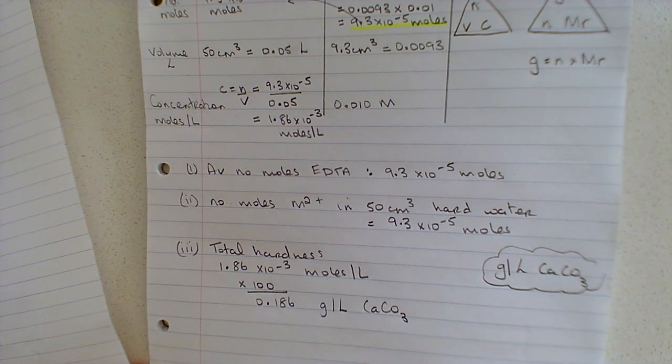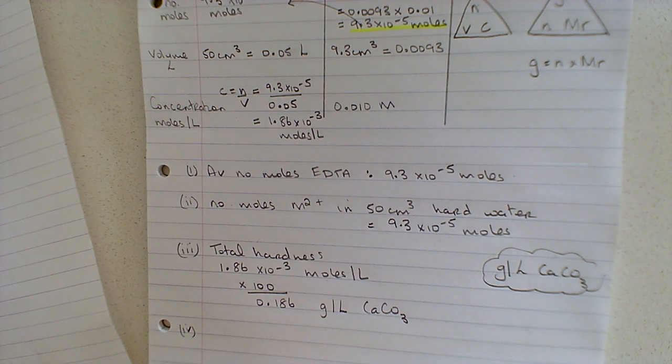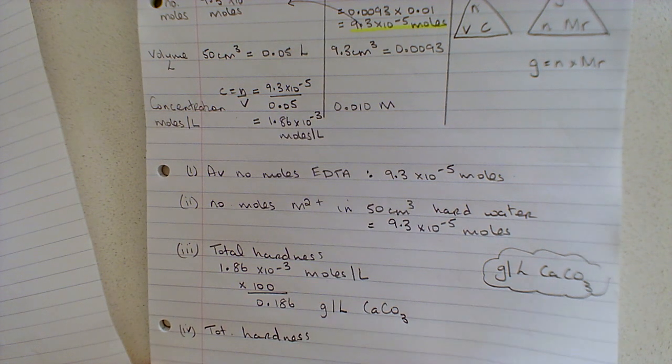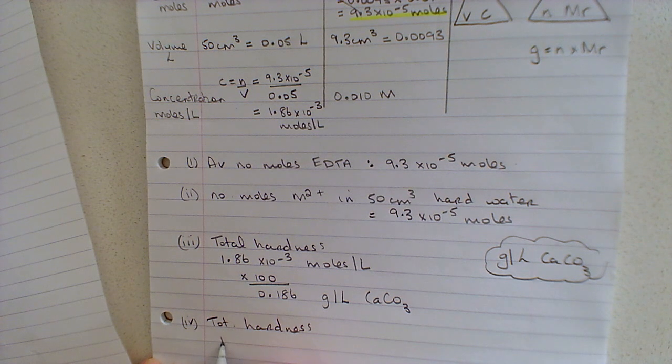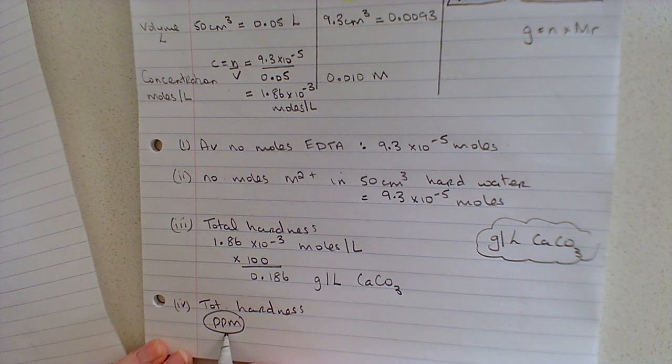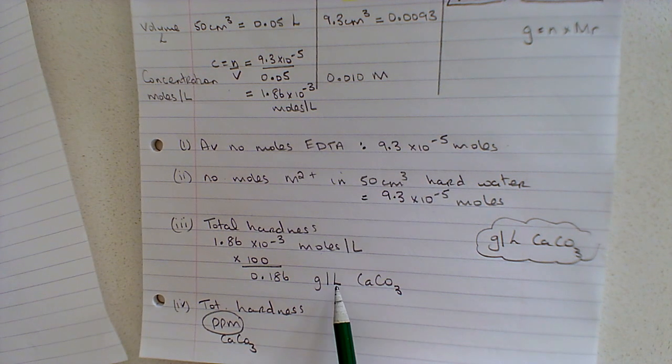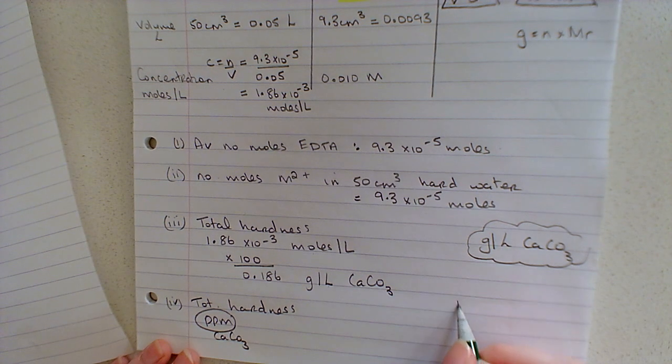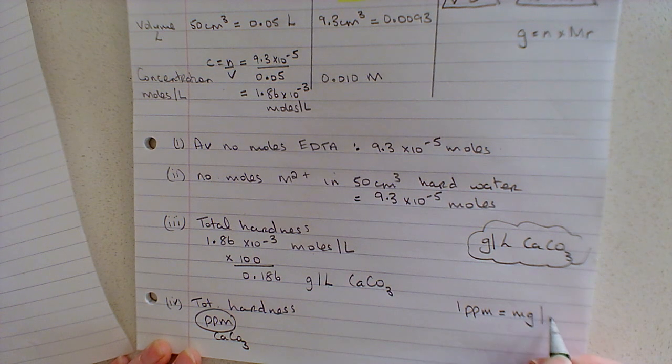Okay. Now the very last part, I'm asked to express the total hardness as ppm. So I want to have my concentration of calcium carbonate expressed as ppm. So what we're doing here is converting grams per litre into milligrams per litre, because we know that 1 ppm, 1 part per million concentration unit, is the same as 1 milligram per litre.